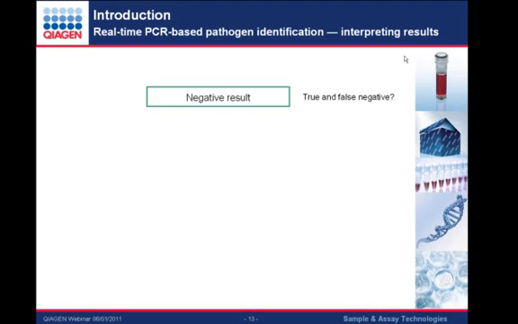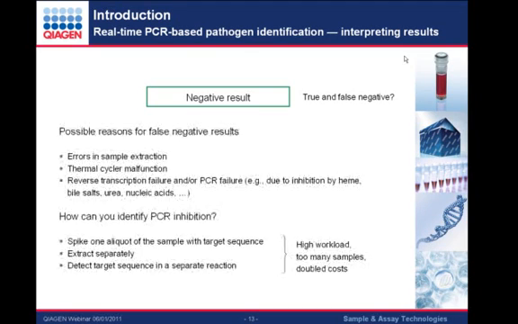While the use of negative controls is generally well established in most labs, the fact that false negative results can also be a risk in real-time PCR is often recognized to a much lesser extent. PCR is an advanced and highly sensitive technology, but still false negative results are possible and they do happen. False negative results can be caused by several factors, like for example errors in sample extraction or thermal cycler malfunction.